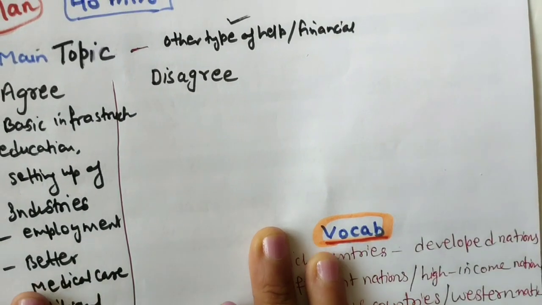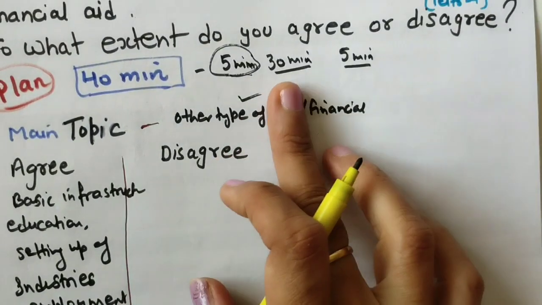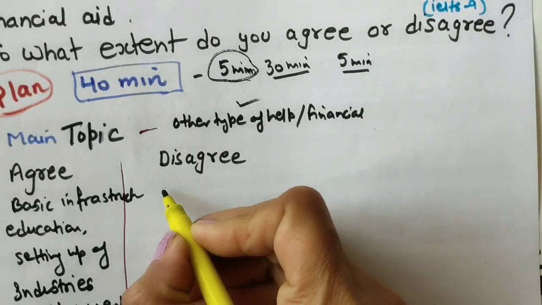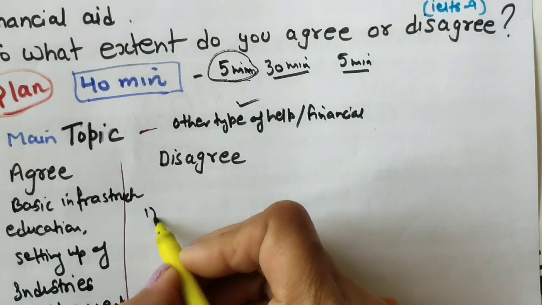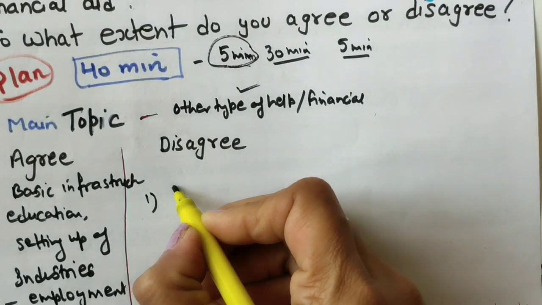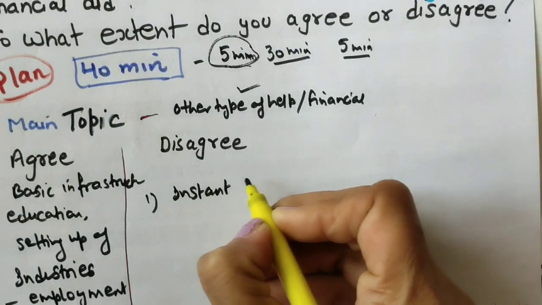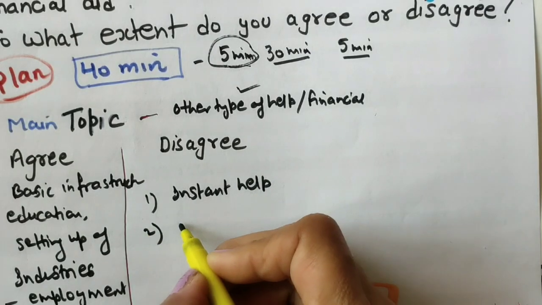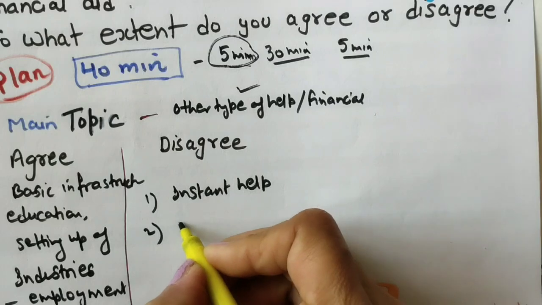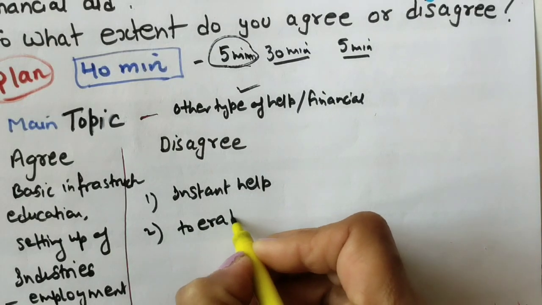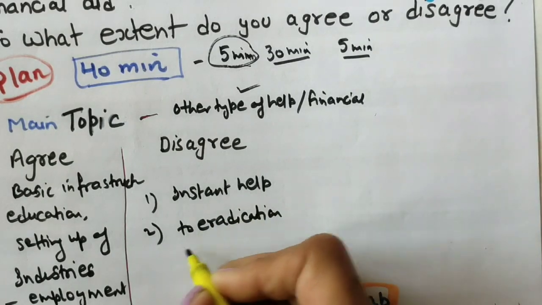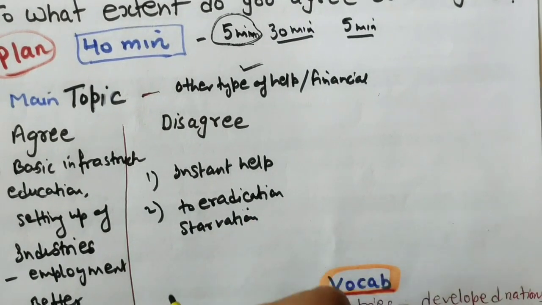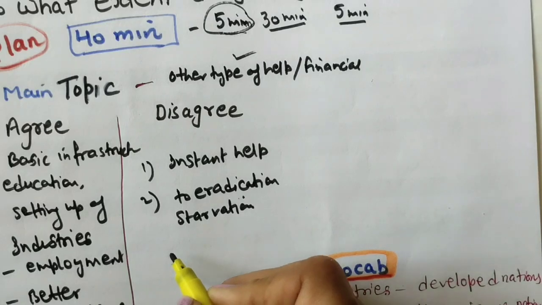If you disagree with this point, that means you are supporting financial aid instead of other help. If money is given to these poor nations, then instant help would be given to these countries, specifically to eradicate starvation. The country can buy food, can import food from other countries.